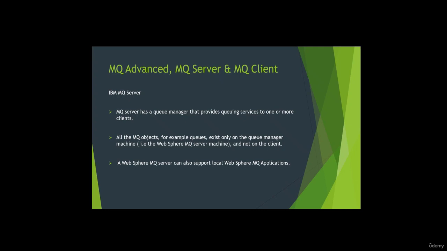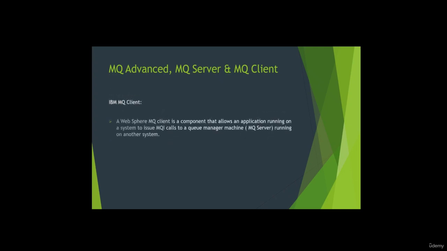Then let's see the difference between MQ client and the server. MQ client is a component that allows an application running on one system to issue MQI calls to the queue manager machine, where the MQ server package is running on another system. Wherever we install the MQ client package in our server, it just transfers those MQI calls alone to the MQ server.